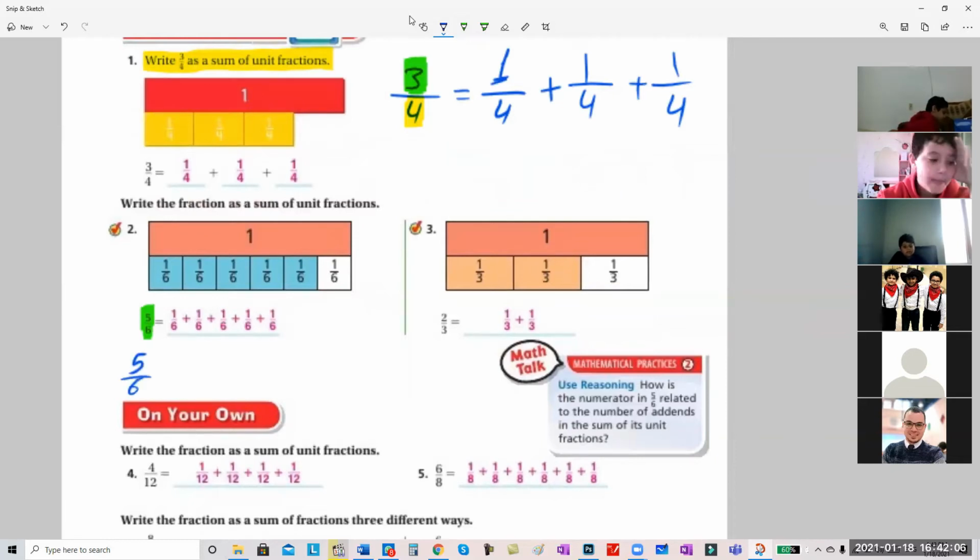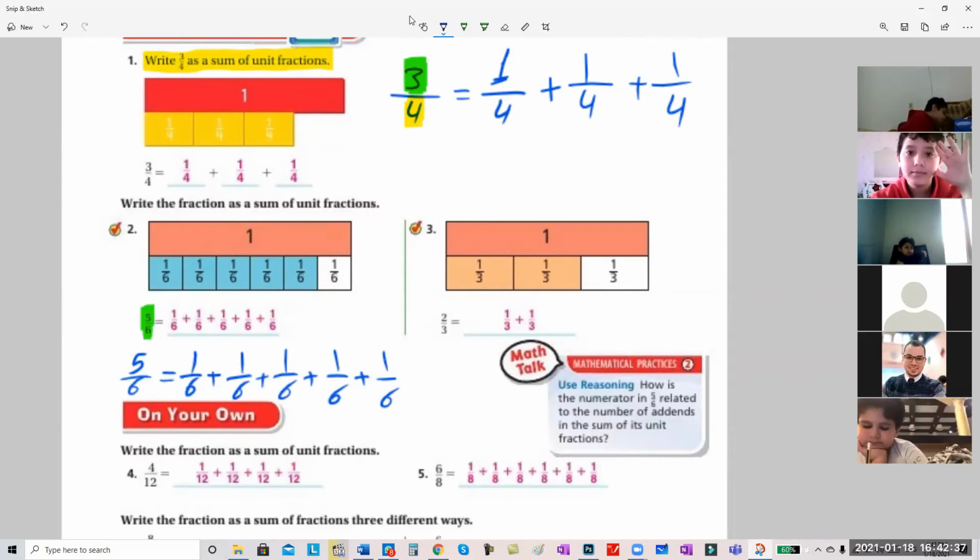What is the unit fraction in this case, Muhammad? We will write 1 over 6. How many times will we repeat it? 5 times. Why? Because the numerator is 5. So we're going to repeat it 5 times. Thank you so much. You're welcome.